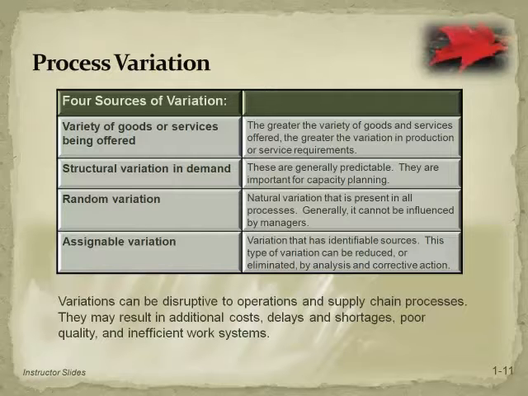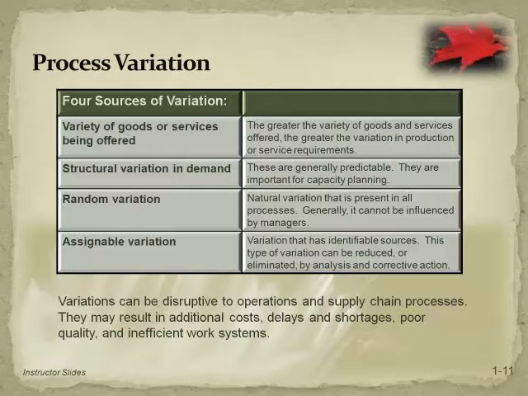The third one is random variation. In every process, there's always going to be certain things that occur that generally are beyond our control. These could be things that are caused by nature. They could be things that are just generally something that we have no control over. So random variation is a source of variation that we typically don't have a lot of ability to work with.